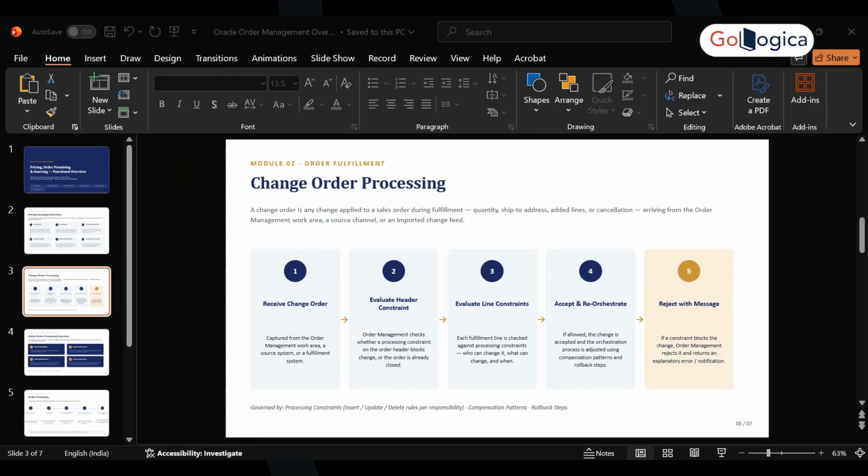And our step 5 is reject with message. If Oracle determines that the requested change violates any configured business rules, the change request is rejected.